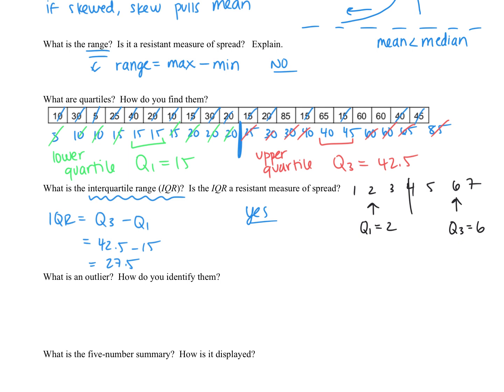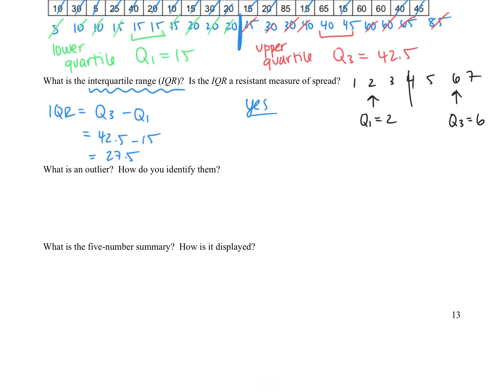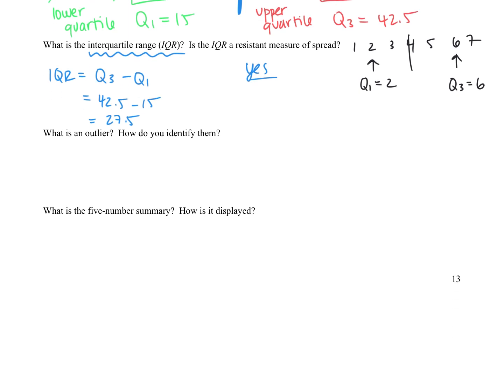And again, the question is, why do we care about IQR, besides the fact that it is a resistant measure of spread? It's because it helps us find outliers. When we were doing CSSU, we were just taking an estimate as to whether or not observations were outliers. An outlier is an unusual observation. There are outliers on the high end and the low end.